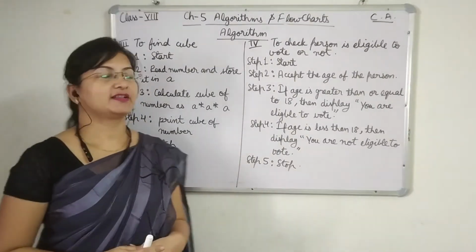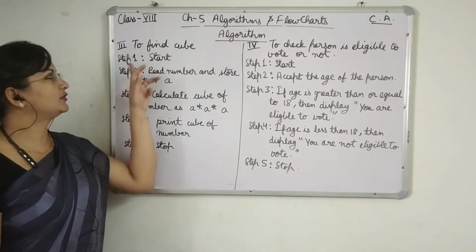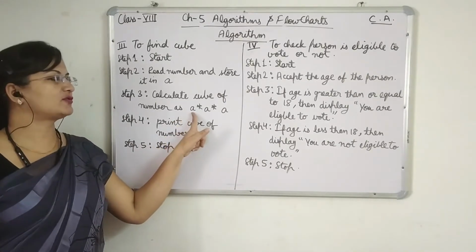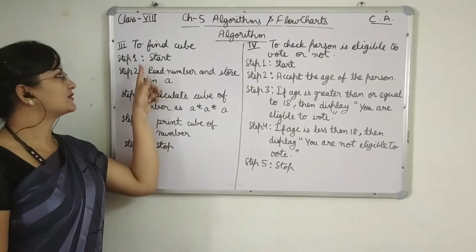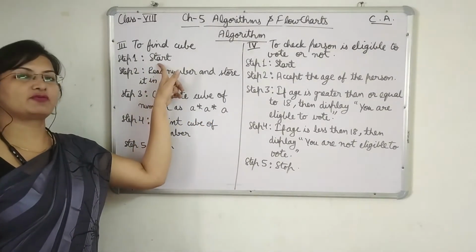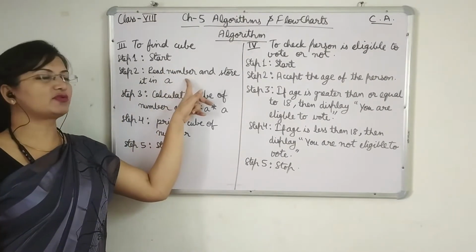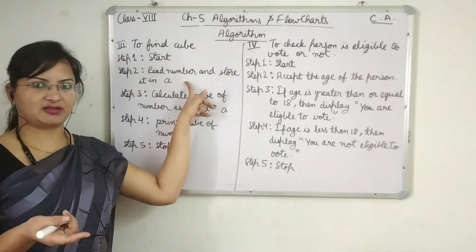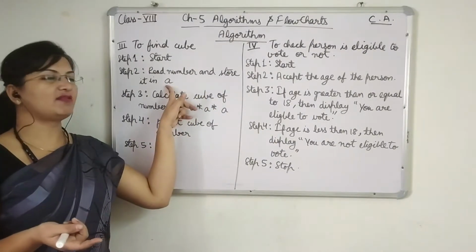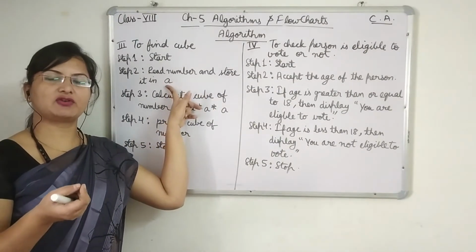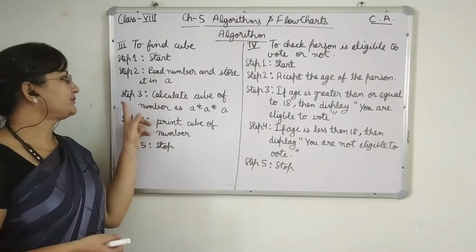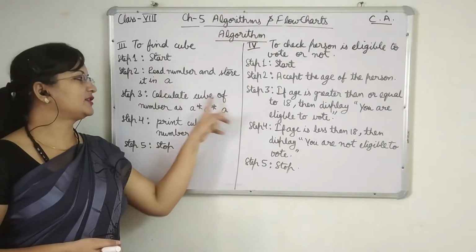Now students, the third algorithm is to find a cube. In maths we used to find cube like this. So students, first of all you have to write step 1, that is start. Then you have to read a number and then you have to store it in a variable. So here this time variable we have taken a. You can also take n. Then calculate the cube of the number.